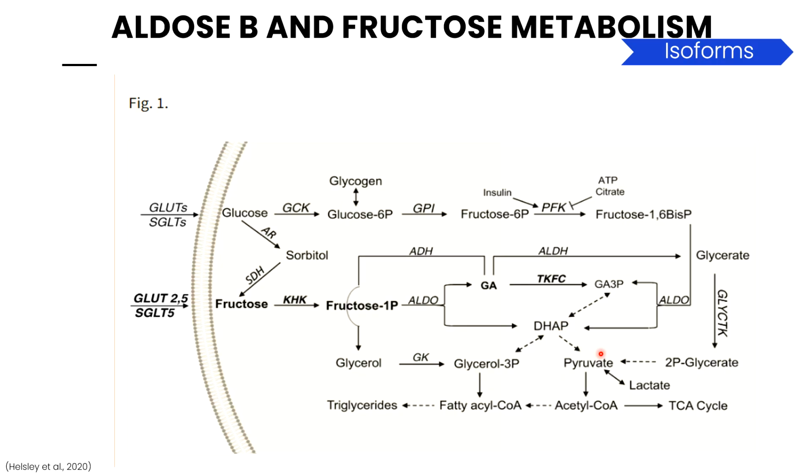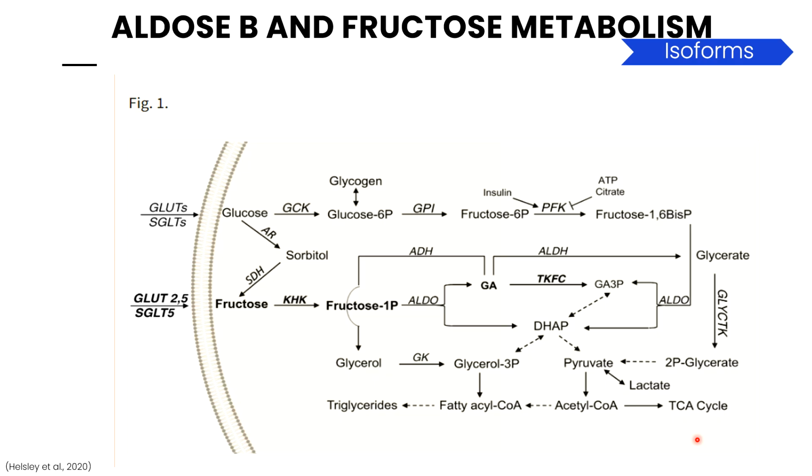So now we're at our pyruvate. Okay, so fructose to KHK, fructose 1P, aldo, GA, DHAP. So our pyruvate can contribute to the formation of acetyl-CoA, which is down here. And from there, we have our TCA cycle, which contributes to the energy metabolism because carbon is therefore able to enter.